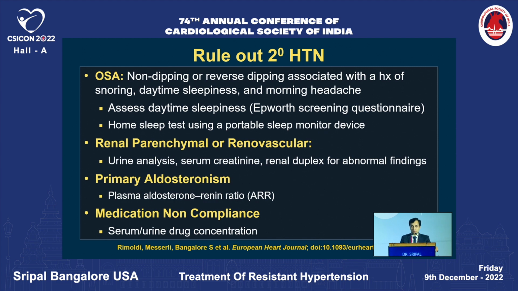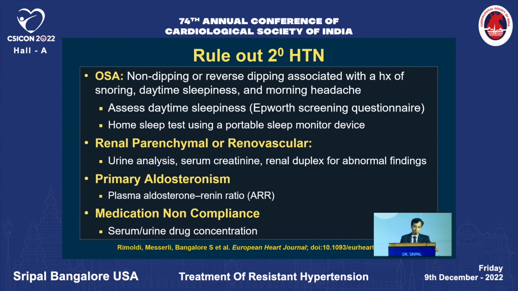Critically important is to rule out secondary causes of hypertension, and obstructive sleep apnea is one major cause. It's important to assess for daytime sleepiness. There are a number of questionnaires which we can use. You can also do a home sleep test using a portable sleep monitor device.